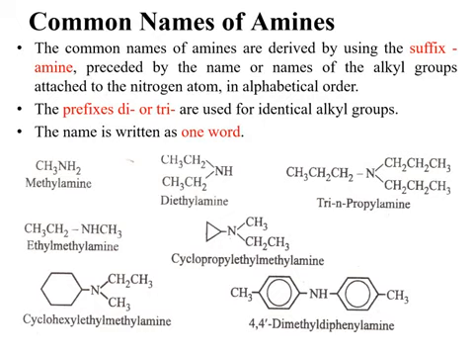If we write the name of this molecule as 4,4, then it would reflect that both of the methyl groups are connected to the fourth position of one benzene ring. That's why it is necessary to differentiate that the methyl groups are connected to different benzene rings. That's why it is written as 4,4' dimethyldiphenylamine.